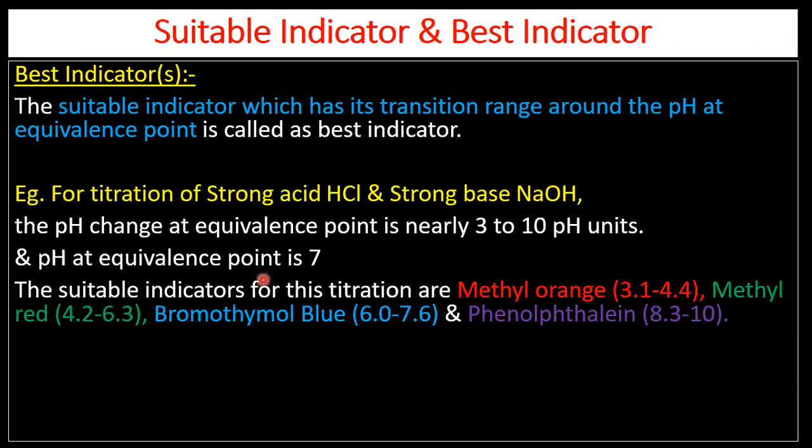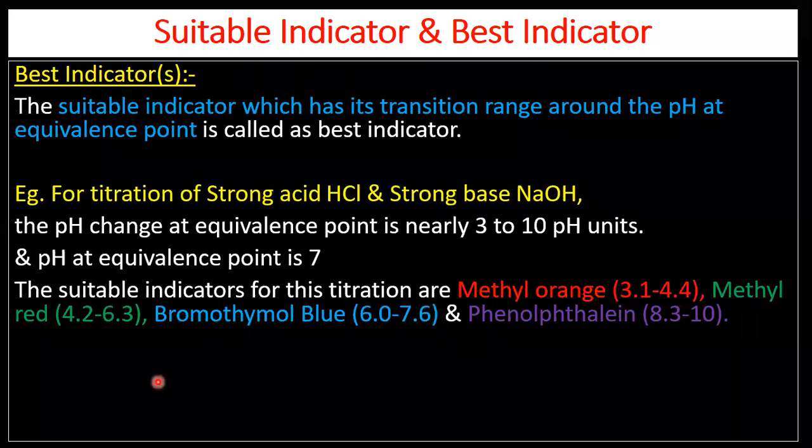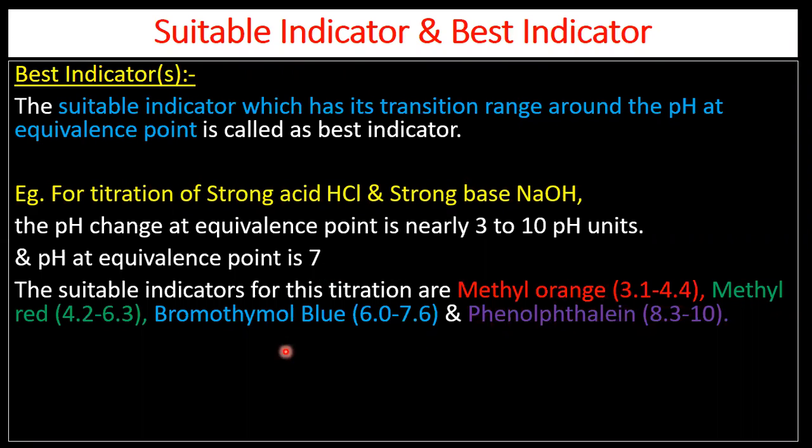Okay, now here observe that the pH at the equivalence point is 7. ओके, इक्विव्हॅलन्स पॉईंटचा pH किती आहे? 7. ओके, आता हा जो pH 7 आहे हा कोणत्या इंडिकेटर मध्ये येतो? Which indicator has this pH range? Okay, methyl orange 3.1 to 4.4, so it does not have this transition range; the transition range of the indicator is not around the pH at the equivalence point.